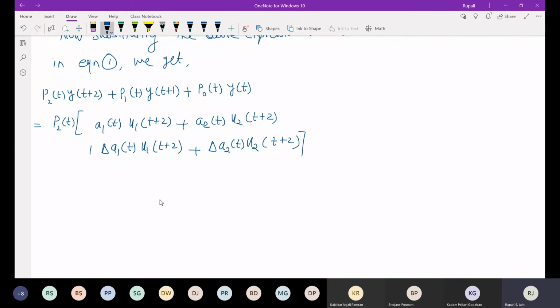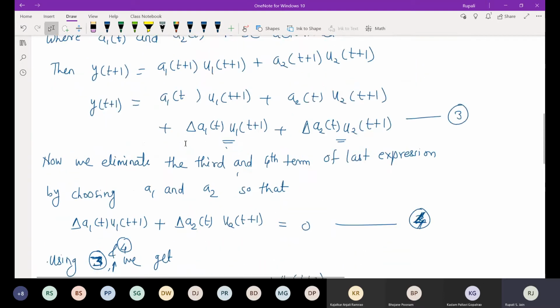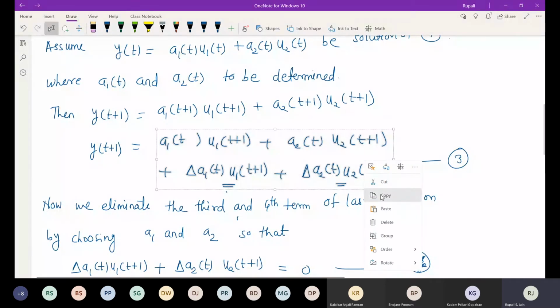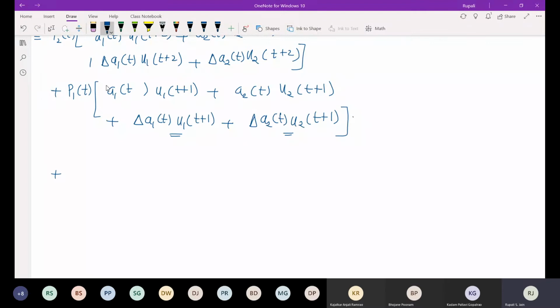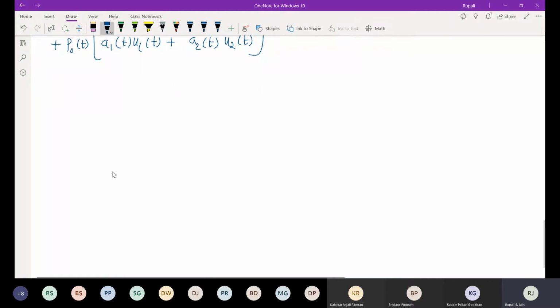This is my y at t plus 2 plus p1t times, and p0 times, what is that, just a1t u1t plus a2t u2t. Is that okay?